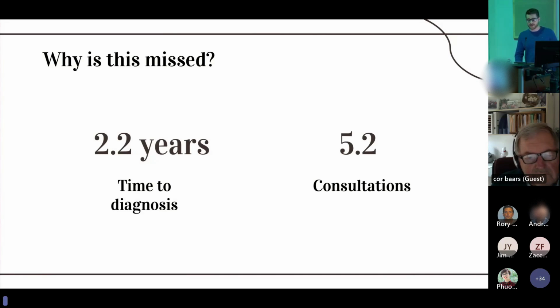On average, patients got 5.2 consults before a diagnosis was made. 43% of these patients had symptoms of numbness and pain in hands, and in many cases were initially diagnosed and treated for carpal tunnel syndrome. And the conclusion was that incomplete neurologic assessment by professionals with a poor awareness of the disease contributes to delay.